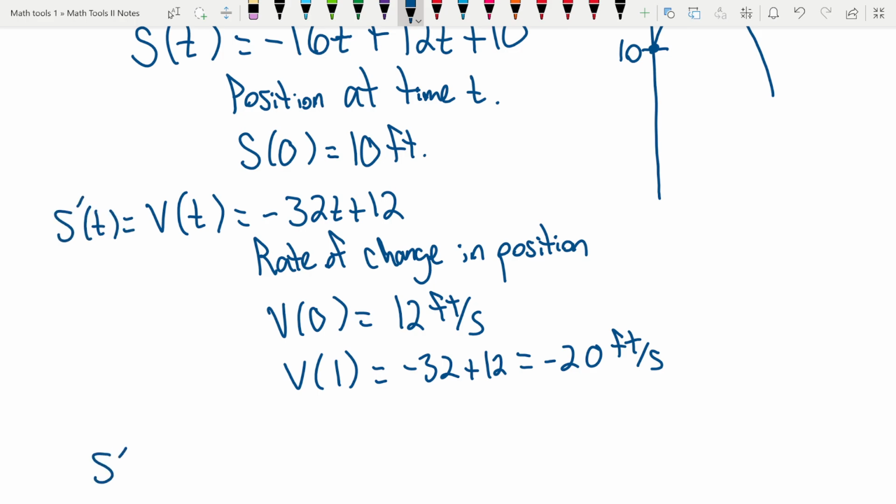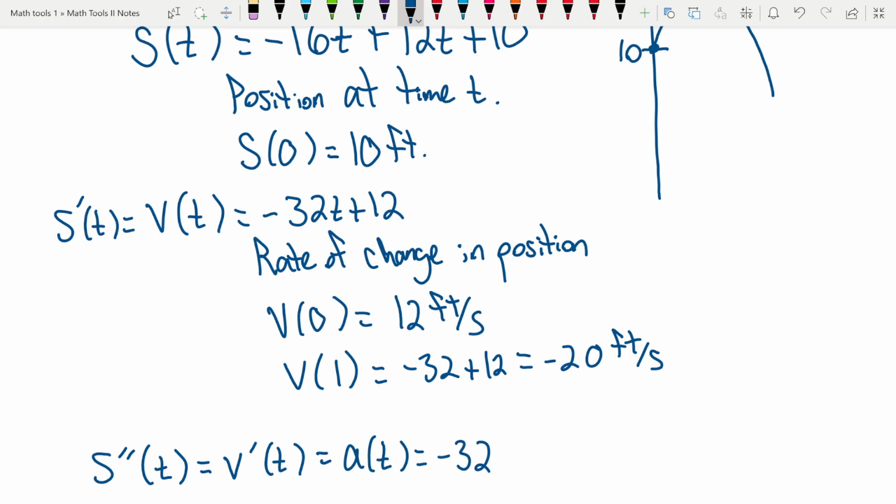And s double prime of t is the second derivative of the position function, which is the first derivative of the velocity function. And these are all with respect to t, by the way. It's going to be negative 32, just a constant. Again, we call this acceleration, so we might call this a of t, for example.